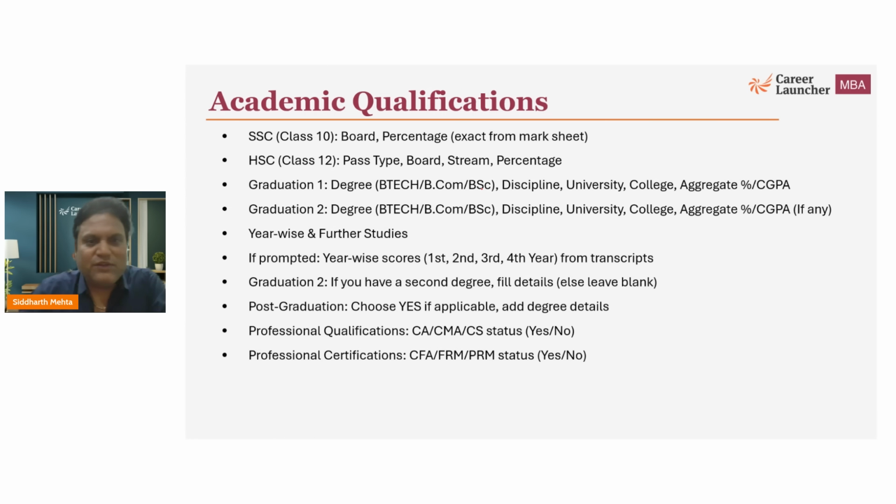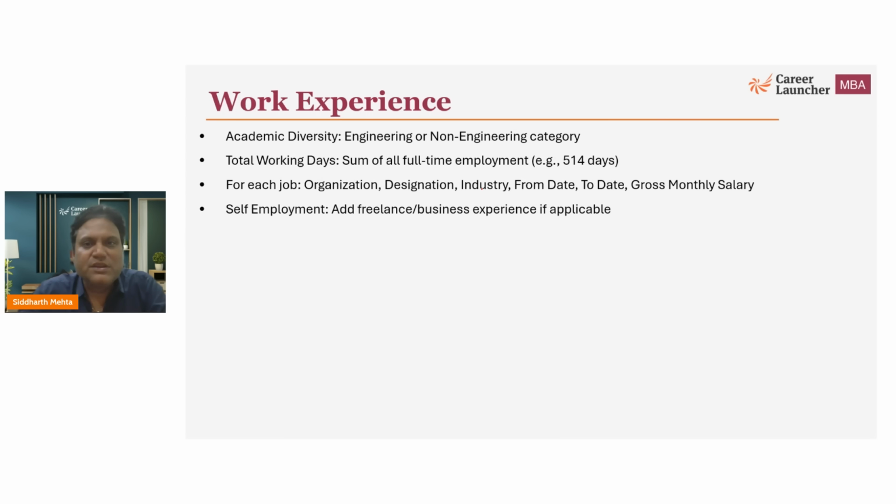This is academic qualification, once again something which is very factual, and you can fill it up by picking the right options in the drop-downs. The work experience is next in the form that you have to fill up, and once again it is something that doesn't require that much thinking. So all the things are factual here.